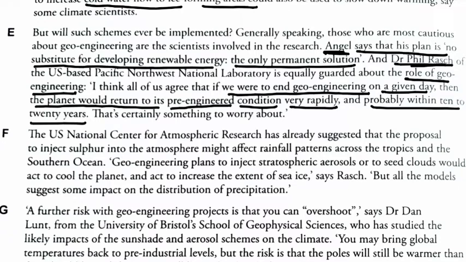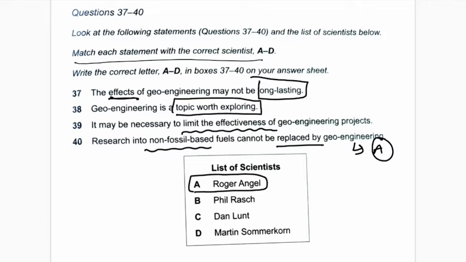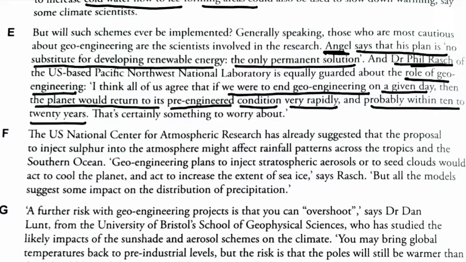Guys, let us try to read the statements. The effect of geoengineering may not be long lasting. Geoengineering is a topic worth exploring. That is not related with the statement. Number 37, the effect of geoengineering may not be long lasting, is related with this point: if we were to end geoengineering on a given day, then the planet would return to its pre-engineered condition very rapidly.